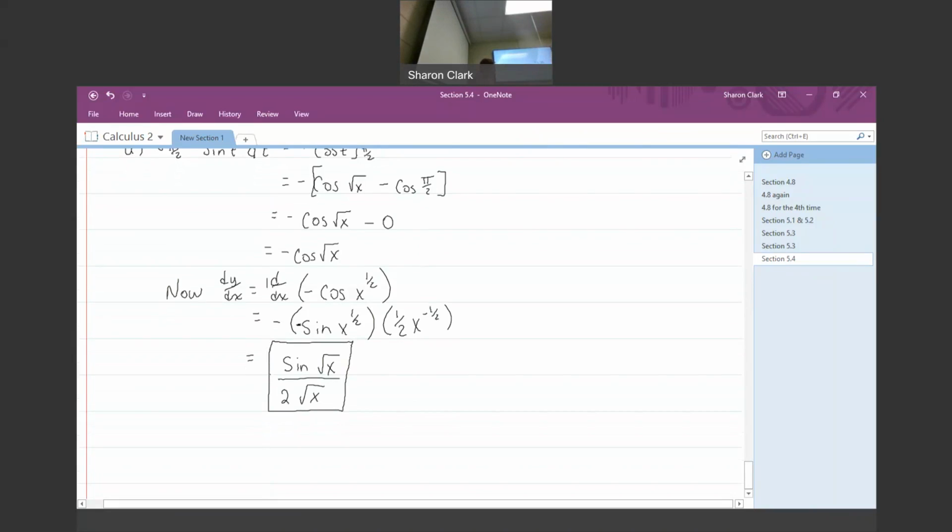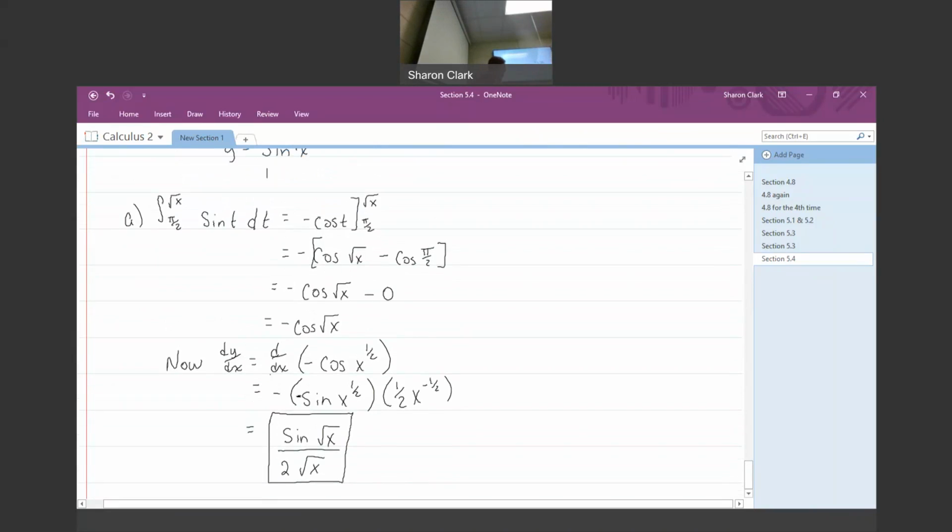Okay. Now we're going to do it the second way, b. We've got the integral. We're going to do d dx of the integral from 0 to the square root of x of sine t dt. So that's going to equal sine square root of x times the derivative of the square root of x.